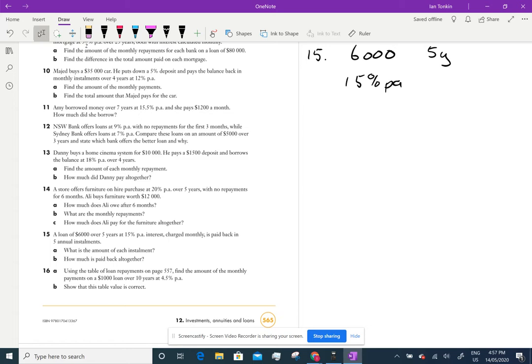Your payments, if you're only going to make 5, are going to be over 1,000. It's going to be close to 1,500, maybe 1,800. I don't know. So the monthly interest rate is going to be 15 divided by 12 divided by 100.